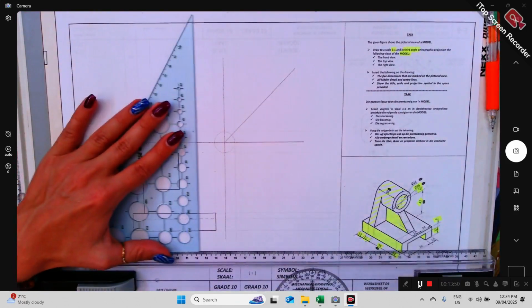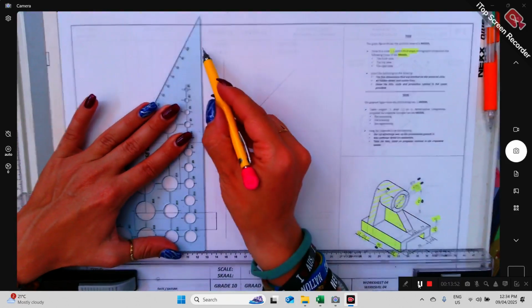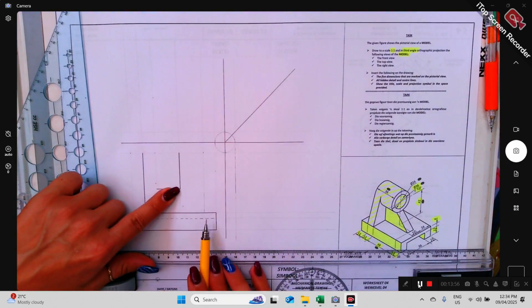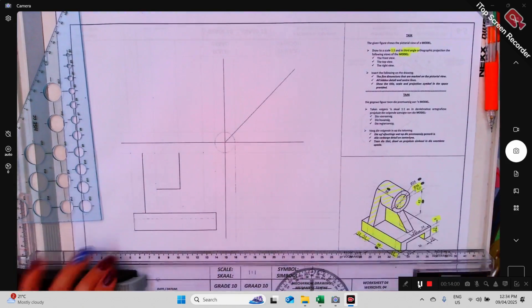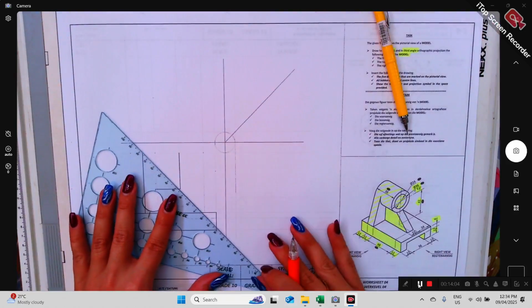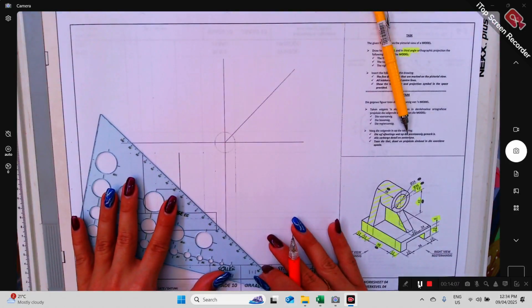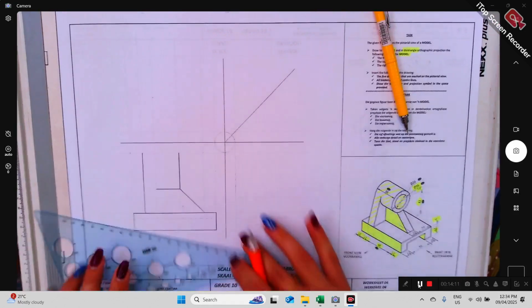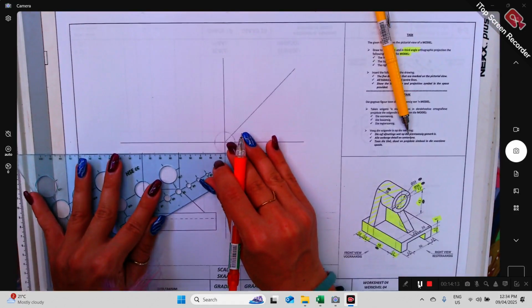I'm going to draw in my construction line all the way through, and then from the edge of my cylinder to the construction line I just joined to my base, there I can draw an A line, a diagonal line in. I can complete the top of my cylinder.